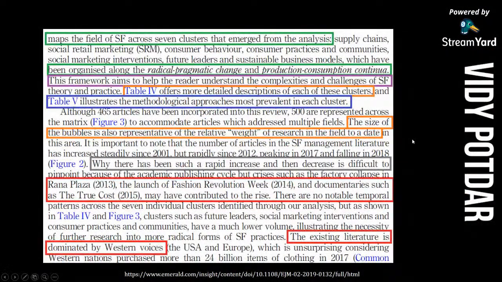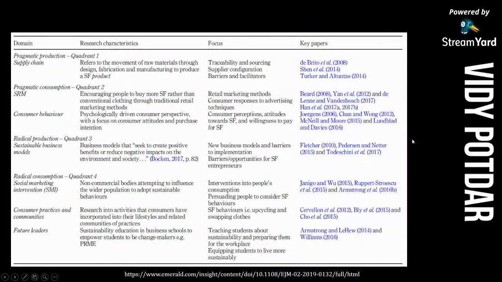So let me see if there is table 4. Yeah, I think this is table 4, and you can see the different items here: supply chain, SRM, consumer behavior, sustainable model, social media, social marketing, consumer practices, future leaders.